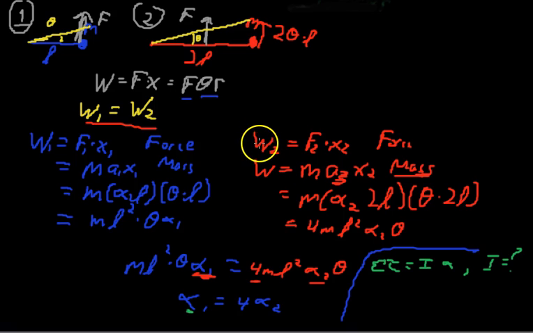The only thing we varied here is the r value for the mass. Instead of being located at L, it's located at 2L.